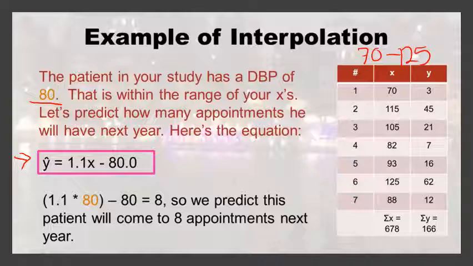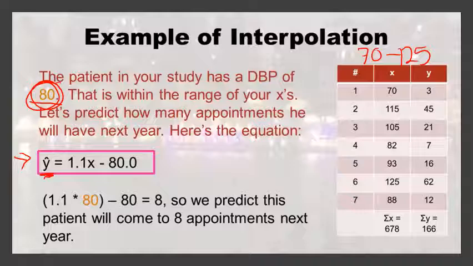Now we need to predict how many appointments this patient is going to have next year. So here's our equation. Remember our H-hat equation? We're just going to plug in the new X, which is 80, into the equation to figure out an H-hat, which is going to be our prediction.